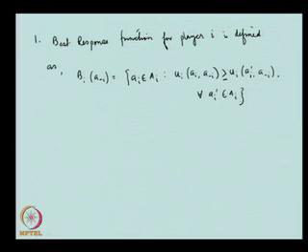This is the notational definition of the best response function of player i, written as Bi.